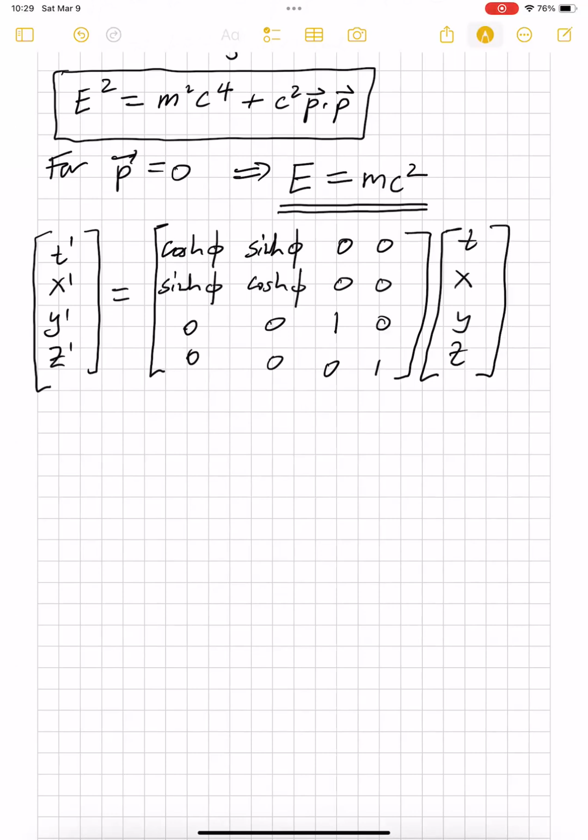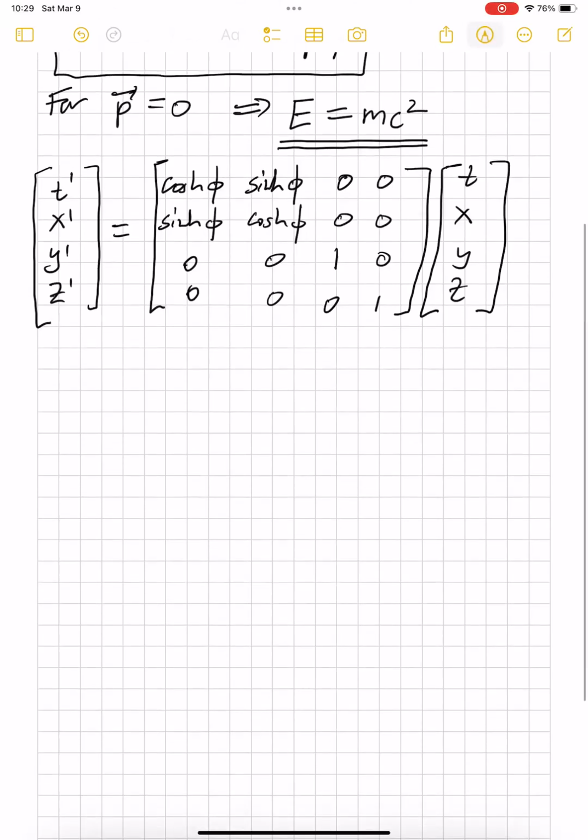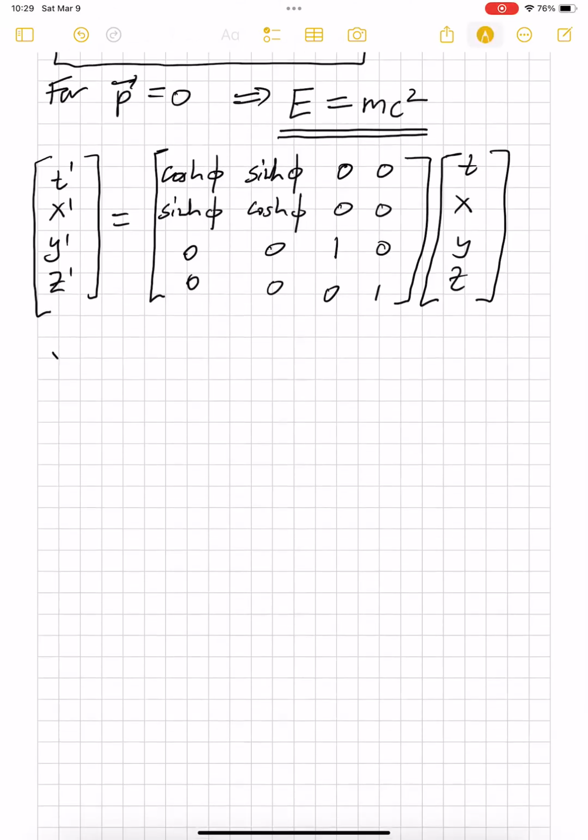Now, I might want to write this in 4-vector notation. So what would I do? Well, I'll have x primed mu is equal to, now I have some matrix and this 4-vector x mu. And remember, whenever you have a matrix multiplied into a vector, there's a sum here.